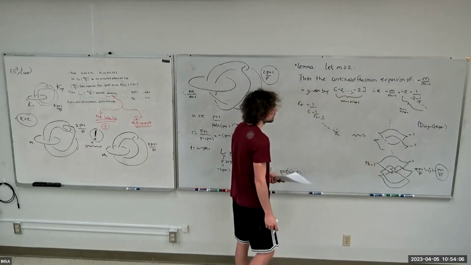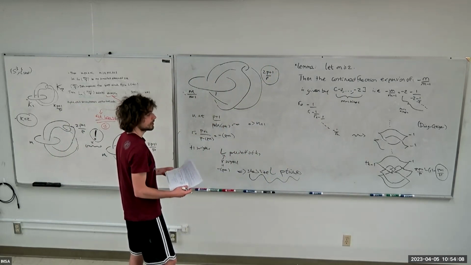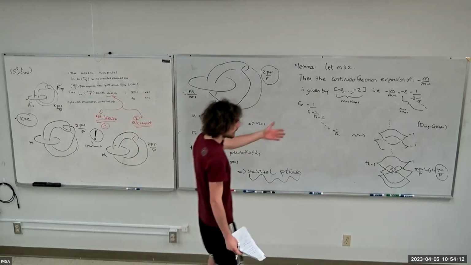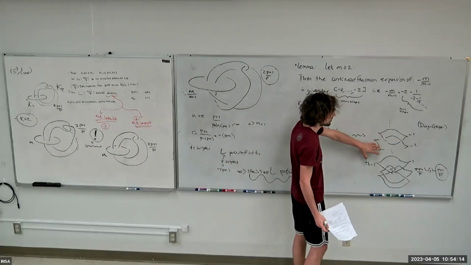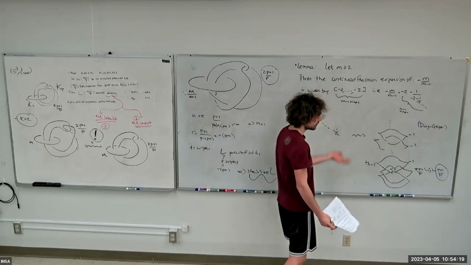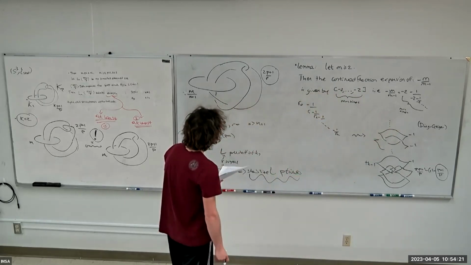And by a result of Lisca-Matić, this actually preserves tightness. So the resulting contact structure of this surgery description is actually tight. I mean, the other one is just minus 1 surgery, so that's fine.